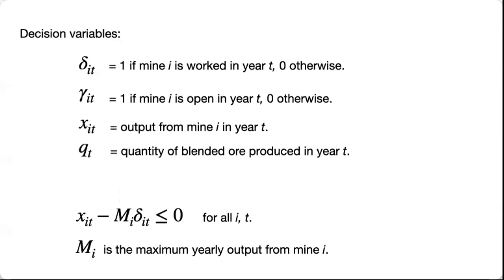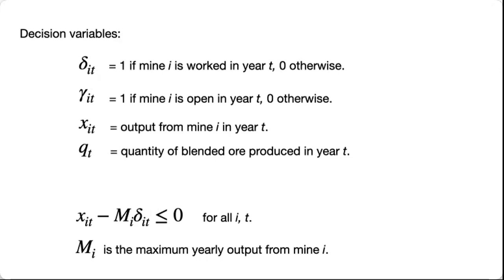But if we don't work on mine I in year T, delta becomes 0. So this term becomes 0, then XIT must be less than or equal to 0.